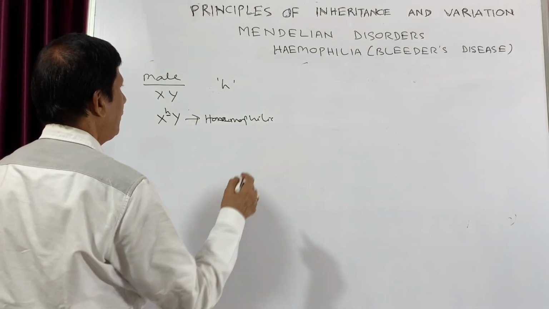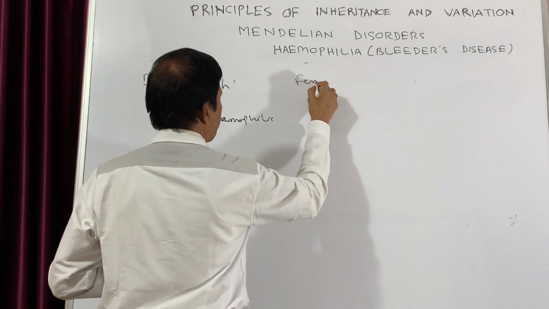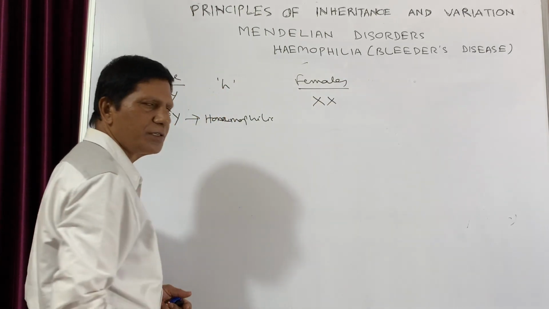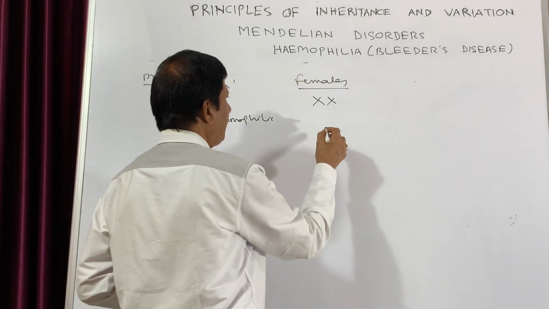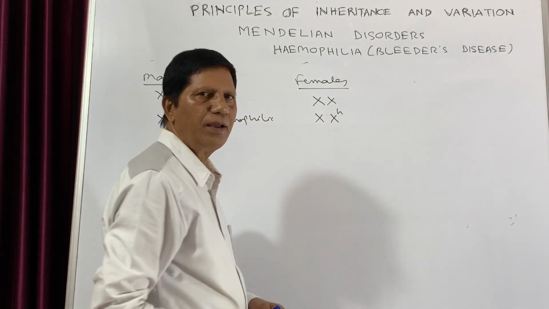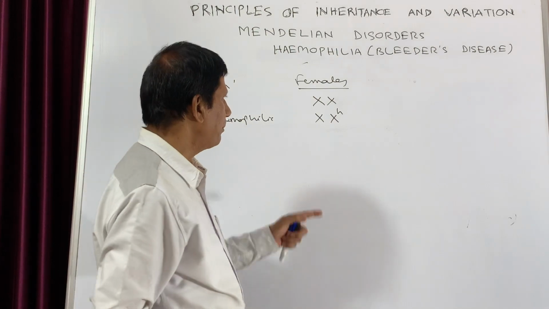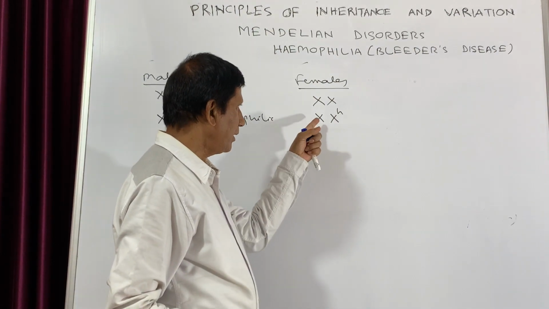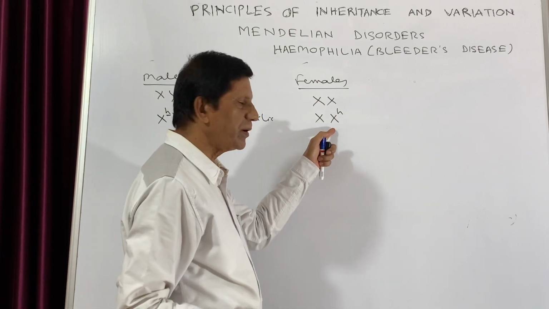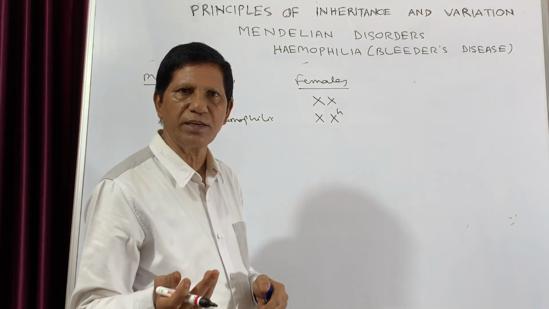But in case of females, what happens? In females there are two X chromosomes. So if one X chromosome has that gene, it will not be expressed, because in the other X chromosome the dominant gene suppresses it.